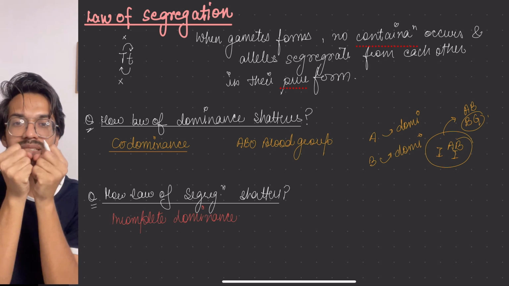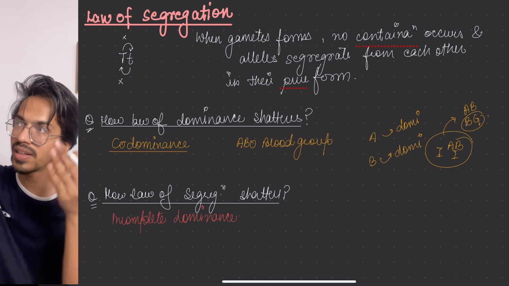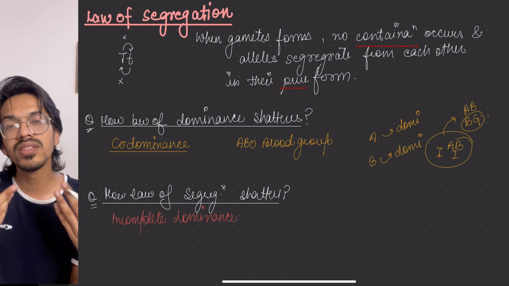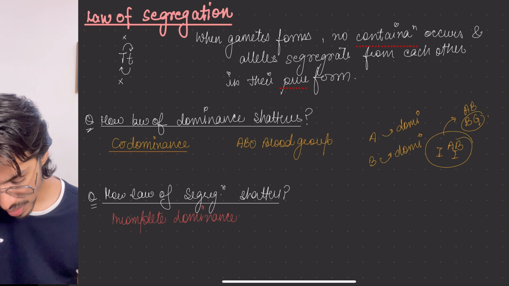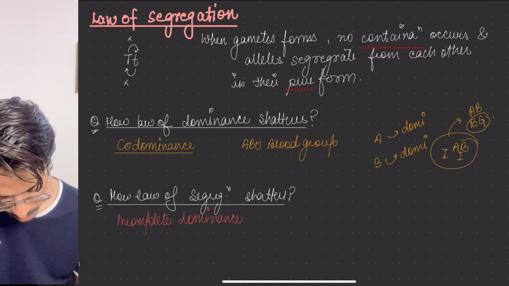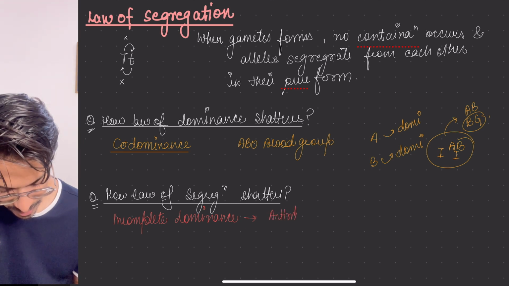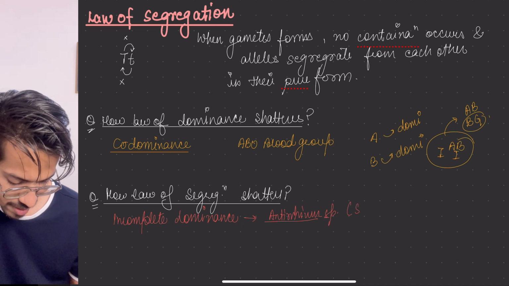When red and white mix, it makes what? Pink. Neither of the colors is visible. It is a blended form of it. This is incomplete dominance, in Antirrhinum, that is snapdragon.